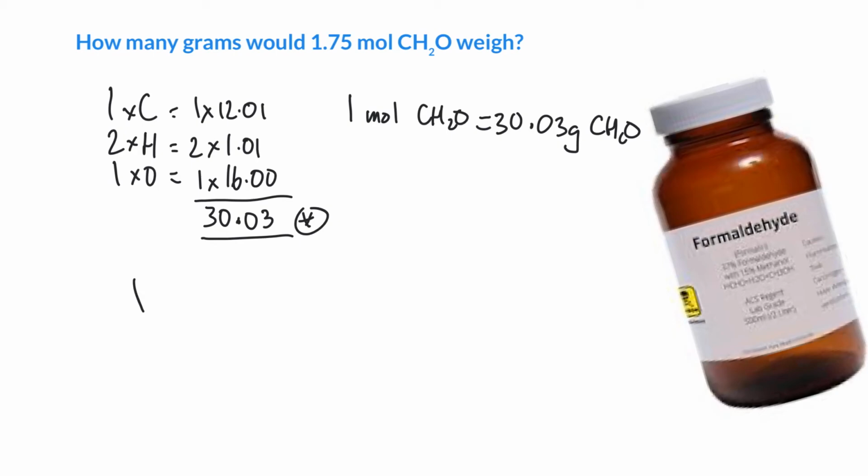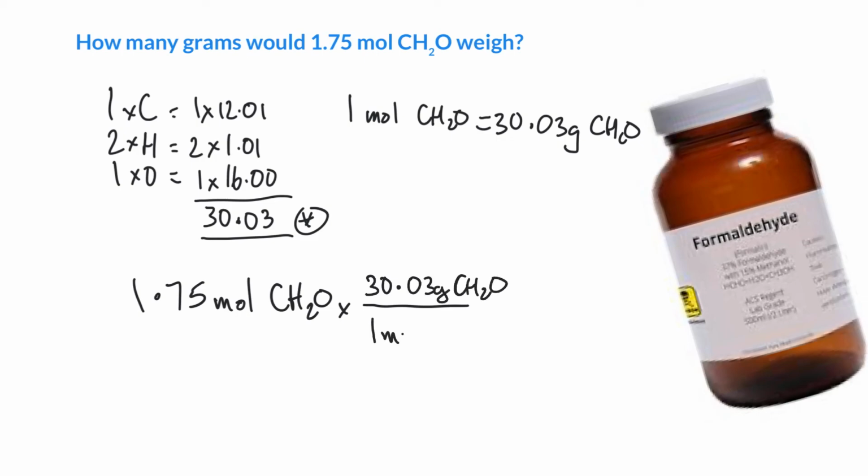So maybe for that extra special chemist in your life, if you needed to give them 1 3/4 moles of formaldehyde, how much would you have to weigh out? You have your choice. You can put that on the top, or you can put that on the top. So which one is it? Very good. It's the grams on the top, because we need grams to show up at the end of the calculation, and we need moles to go the way of the dodo.